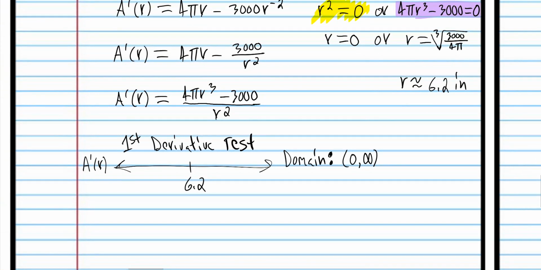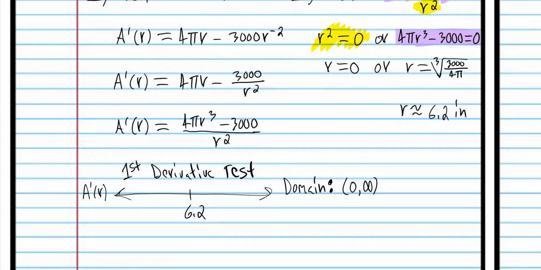And the way that we do that is we plug in some values over here. So we can plug in maybe 1 into the derivative. If we plug in 1 up here, we see that we get a negative value.